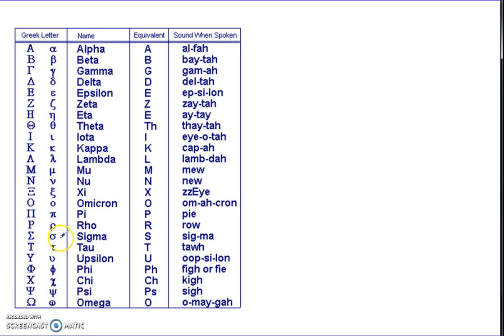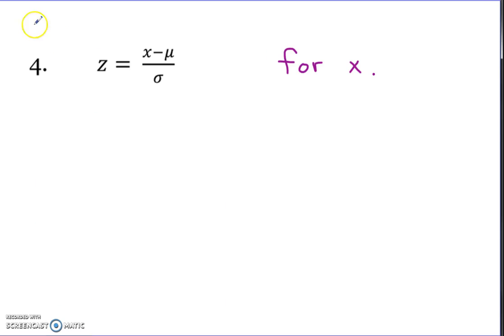Uppercase sigma and lowercase sigma look very different, but it's most like our S. So maybe you recognize some of these from sorority and fraternity type things, from religious studies, all sorts of things. Very interesting. Okay, so back to the problem.